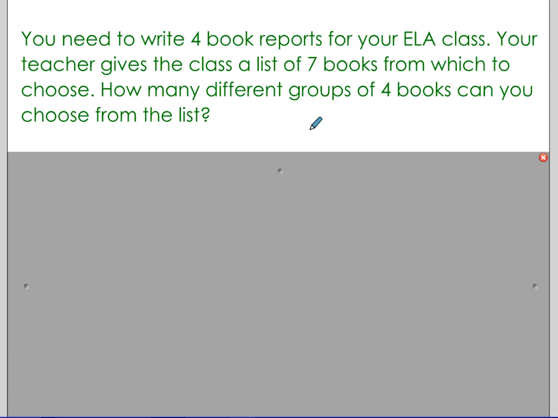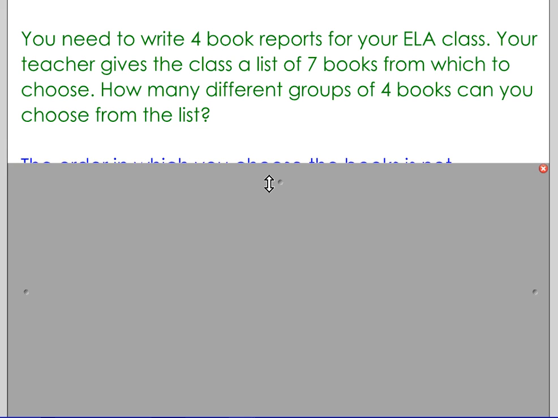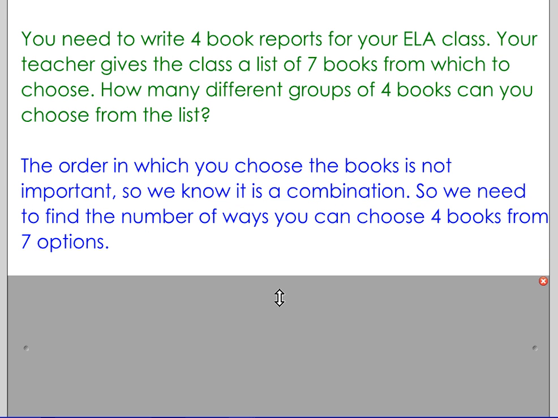Your teacher gives the class a list of 7 books from which to choose. How many different groups of 4 books can you choose from the list? Well, first off, we know that this is a combination because order is not important in this case. It does not matter whether you read Hunger Games first or Lord of the Rings first. Doesn't matter.